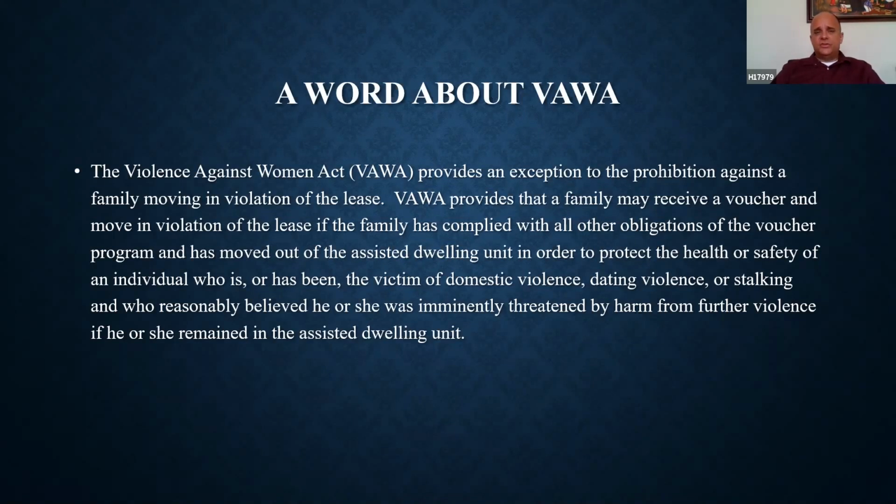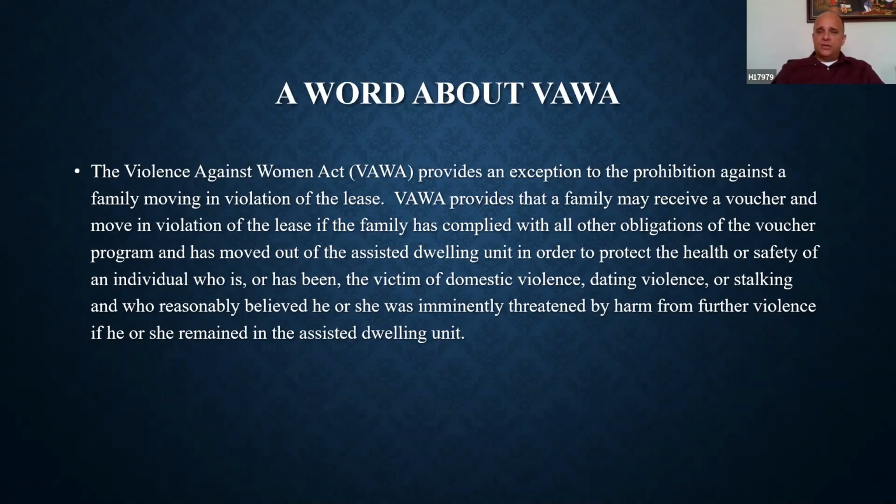A family is permitted to move in violation of the lease if that situation involves the safety of the family due to a member of the family being a victim of domestic violence, dating violence, or stalking, and that person believes that there is a legitimate or imminent threat of harm. This applies only, though, if the family is not in violation of other lease provisions.